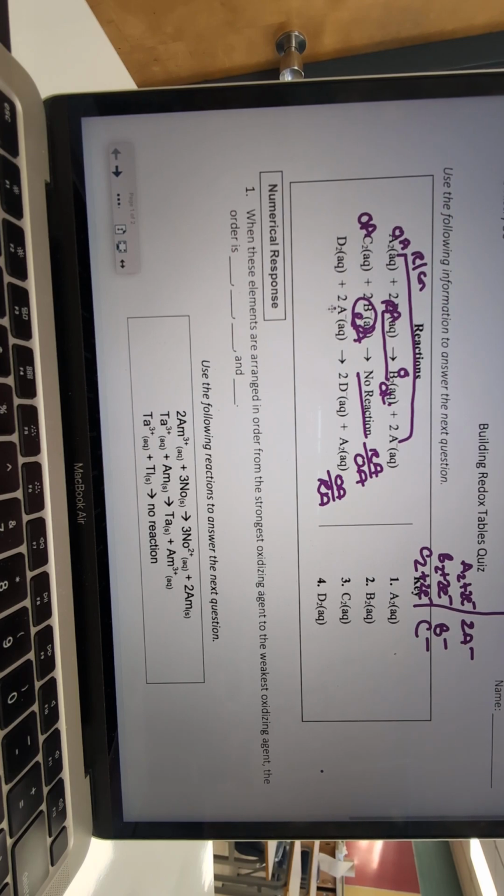The negative becomes neutral, so you want to lose electrons, so that's oxidation. Oxidation involves loss, making that an RA. Your D2 has no charge, and it's going to a negative. That had to gain electrons. So reduction involves gain. That would be RIG again. So this is an OA. So here, because you have a reaction, your OA is higher than your RA. So we want to put D2 higher up on the table.